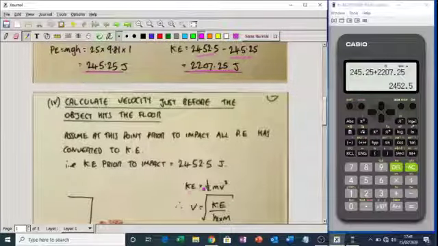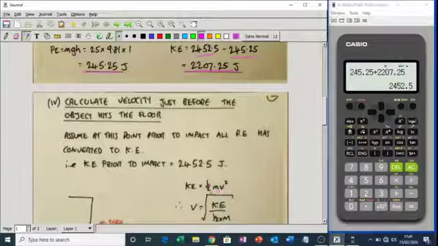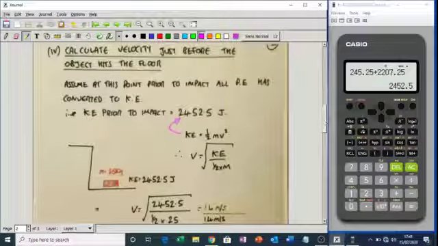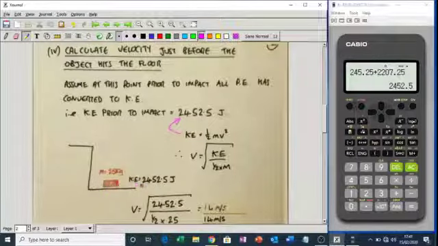We know that KE is a half mv squared, and it's v we're after, so v is velocity, m is mass, half is half, and KE is the kinetic energy, which in this case is this. And this will give us the velocity just before impact, just as it hits the floor. So KE is 2452.5.